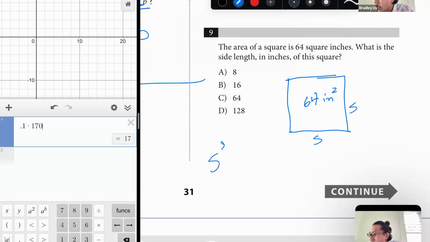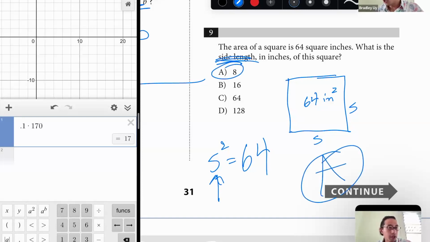The area is S squared, which is 64. And so the question is, what is the side length? The answer that goes in there is 8. 8 squared is 64. So the correct answer is A. Okay, and there it is. Next question.